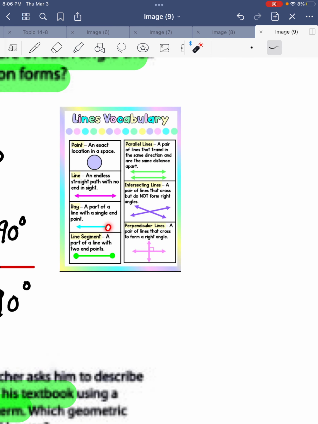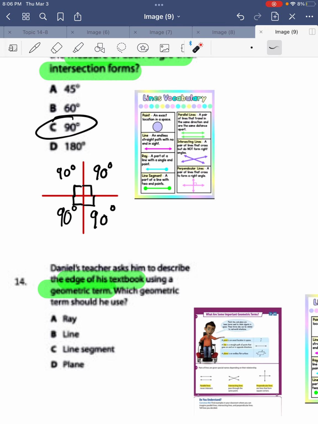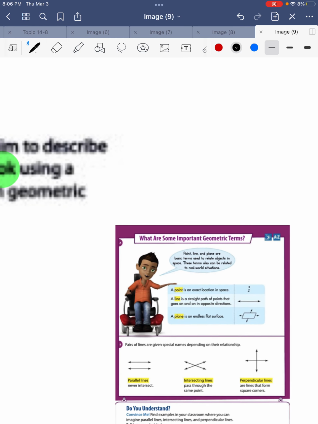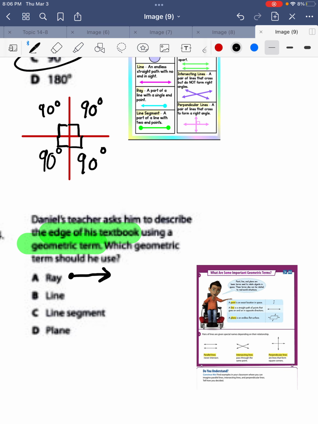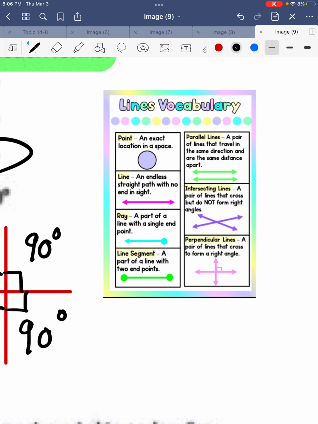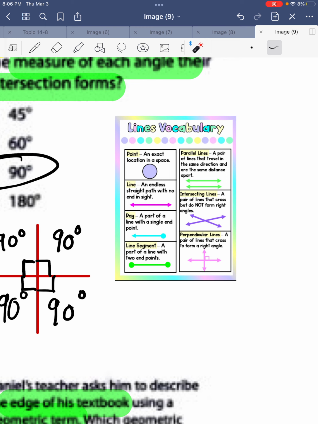A ray has an ending point and a line. So I'm going to draw that. I have my ending point and I have my line. A line just looks like a line with 2 arrows. So I have an arrow here, I have an arrow here. My line segment is a part of a line with 2 endpoints.